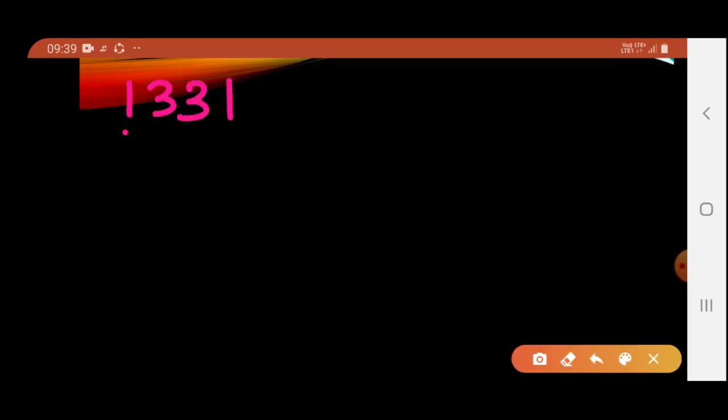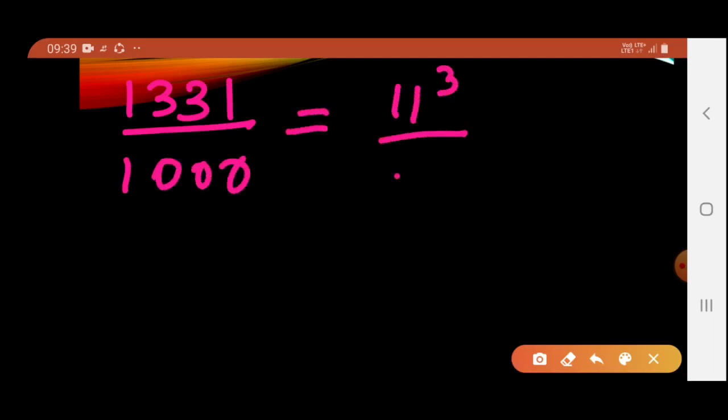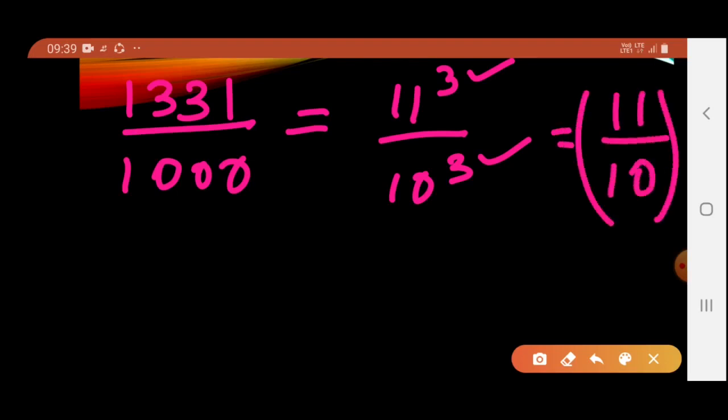Now we get 1331 divided by 1000 is equal to 11 cube divided by 10 cube. If the power of numerator and denominator is common, we can take it commonly out. Therefore, this is equal to (11 by 10) whole cube.